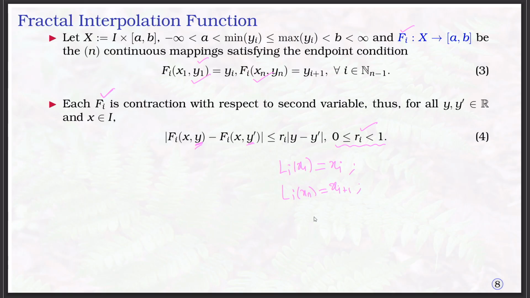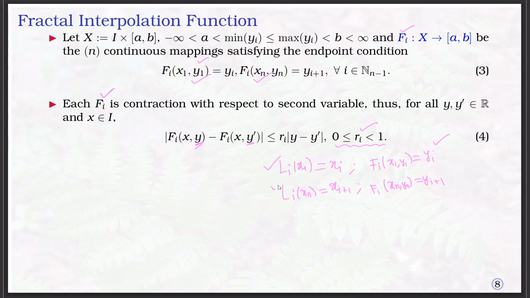Here, in addition to the horizontal line, in the vertical direction we add Fi of x1 and y1 equal to yi, and Fi of xn and yn equal to yi plus 1. So this is in the horizontal direction, and this is in the vertical direction. Li satisfies this condition and Fi satisfies this condition.